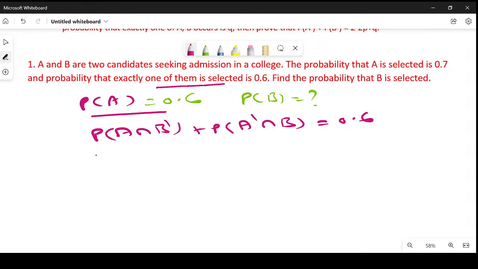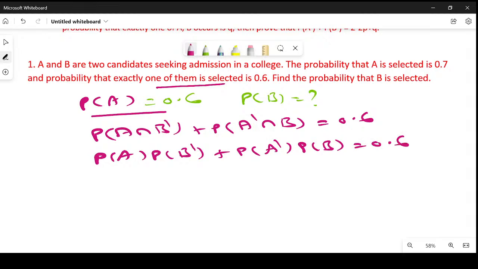These events are independent. Since the events are independent, I can write P of A into P of B dash plus P of A dash into P of B, which is equal to 0.6.